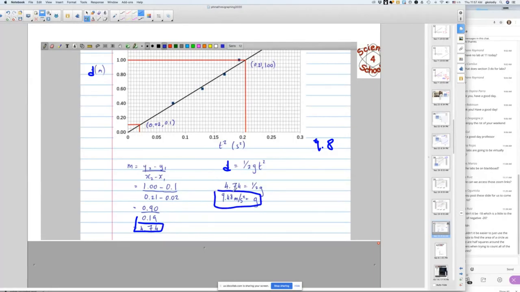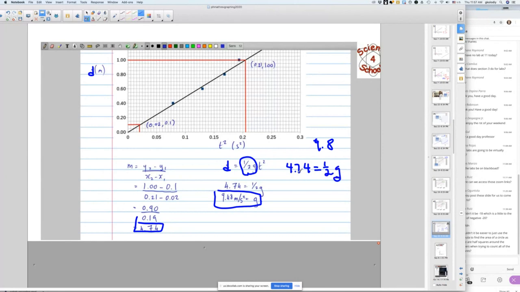equal to that number. Okay, the slope is equal to, the number in front of t squared is the slope, is 1/2 g. We found the slope to be 4.9, or almost 4.9 over here, 4.74. So that is half of g. So what is g?